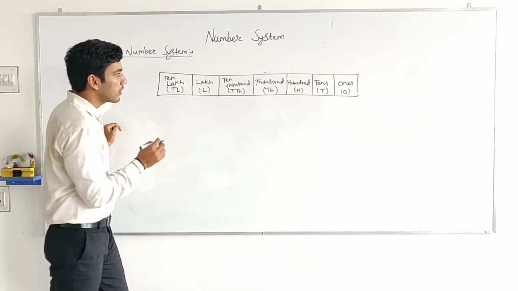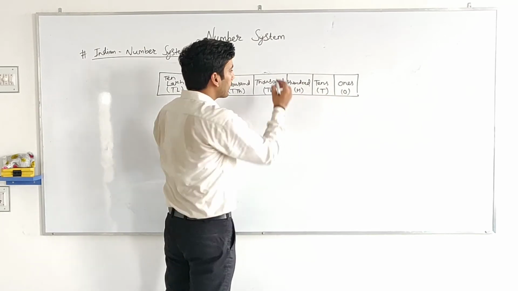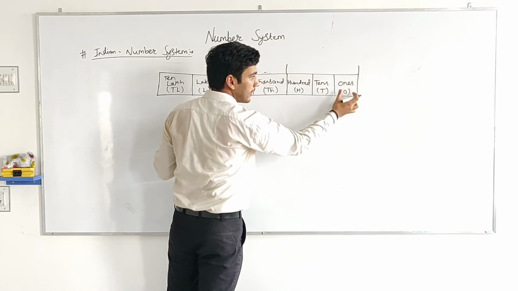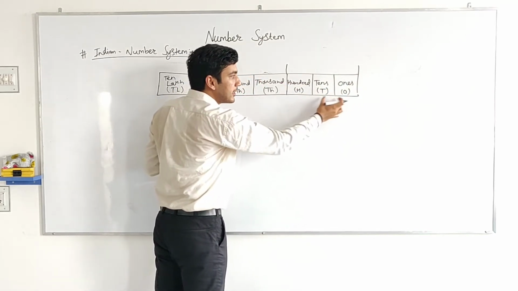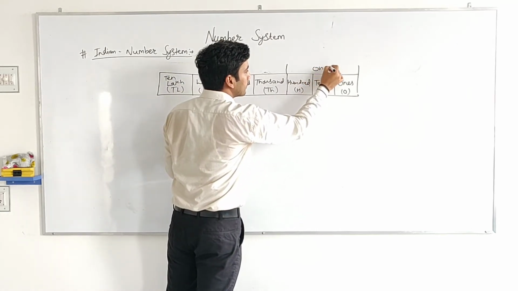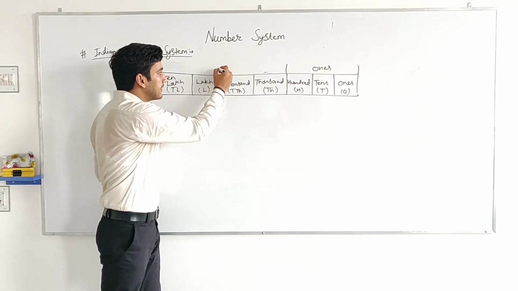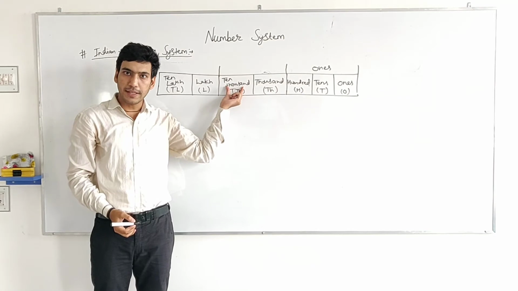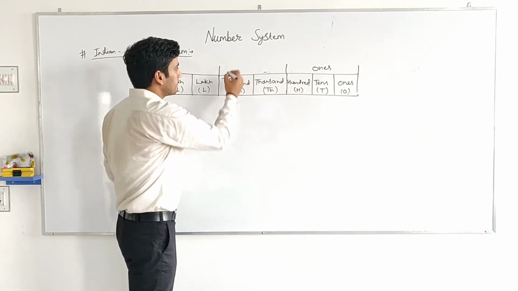periods. And what are these periods? First 3 places are grouped as ones period. These 3, ones, tens and hundreds, these 3 places are grouped as ones period. Next, these 2 places, your thousands place and 10,000 place, are grouped as thousands period.